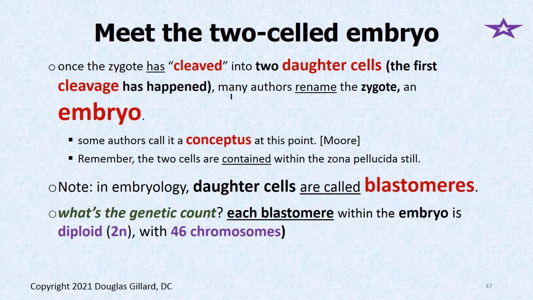So each zygote, once the zygote has cleaved into 2 cells, and those are daughter cells, we usually call those, but not in embryology. They're called blastomeres, but they're really just daughter cells. So we're splitting this cell into 2, and those are called blastomeres.